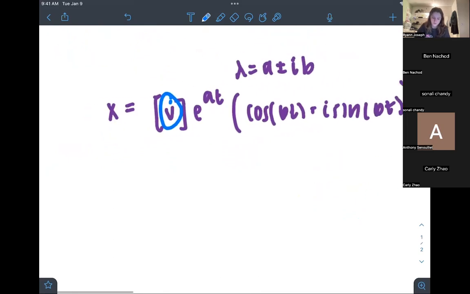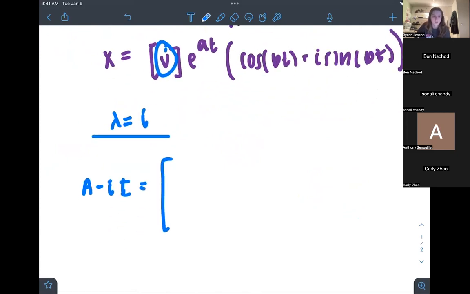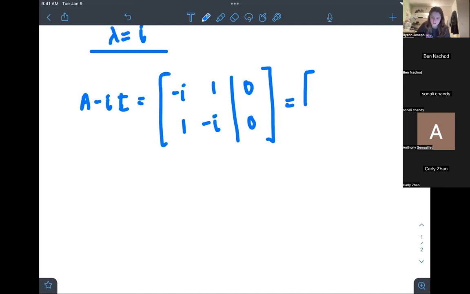So here, we're going to choose lambda is equal to i. And to solve for that eigenvector, I'm going to plug it back into our matrix and then solve for the kernel here.